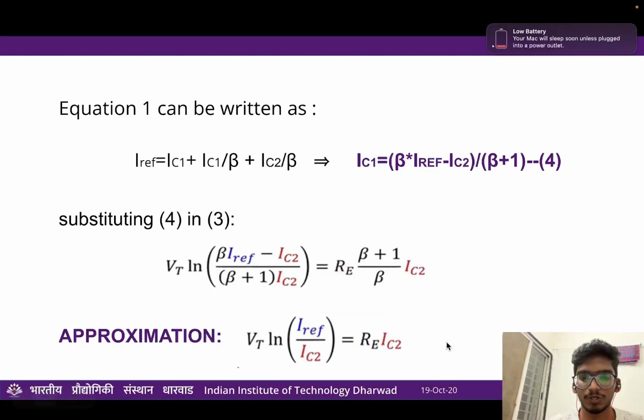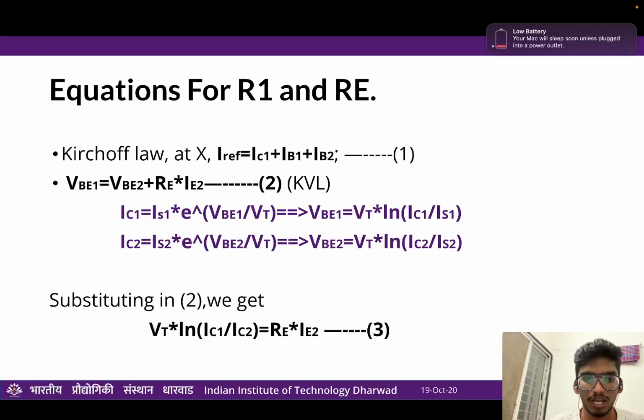From this equation we know the reference current and the IC2 values that we desire. In this case we desire 5 microamperes of current, and the I reference we chose is 100 microamperes. Since we know every value in this equation, we can calculate RE. And if we know RE, from equation 2 we can calculate R1.